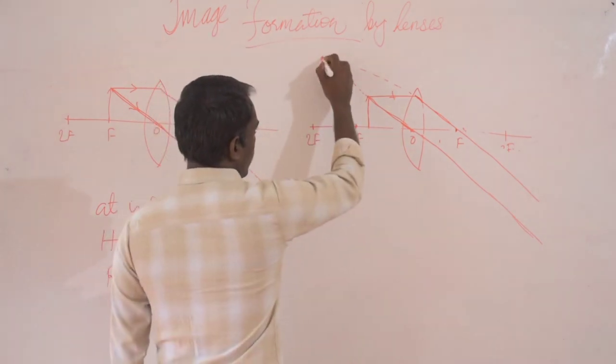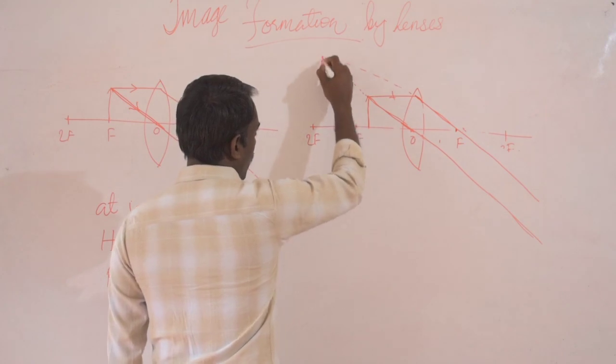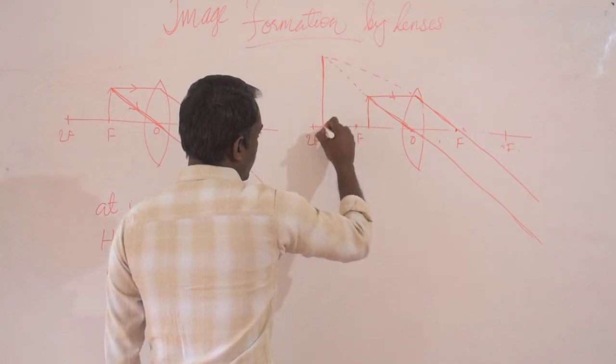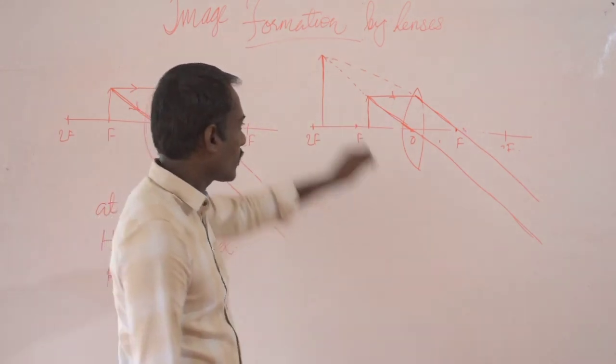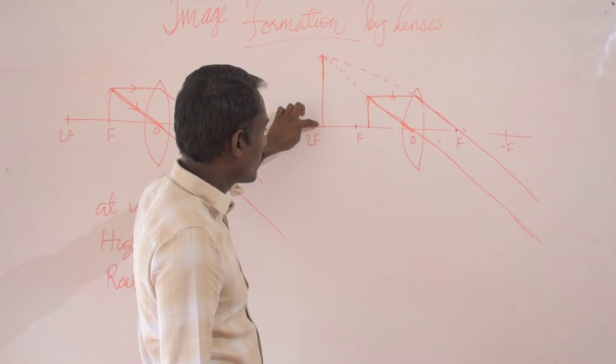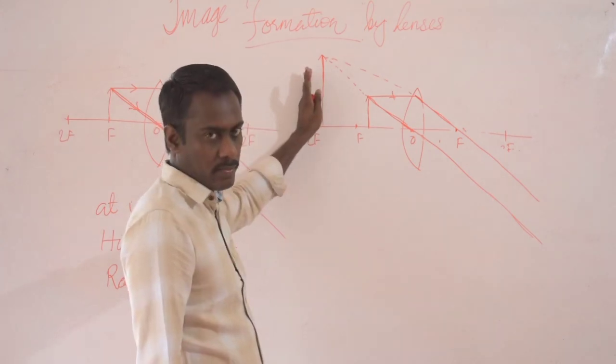Here this is the point where they appear to intersect, and this is the point where the image is formed, on the same side of the lens.